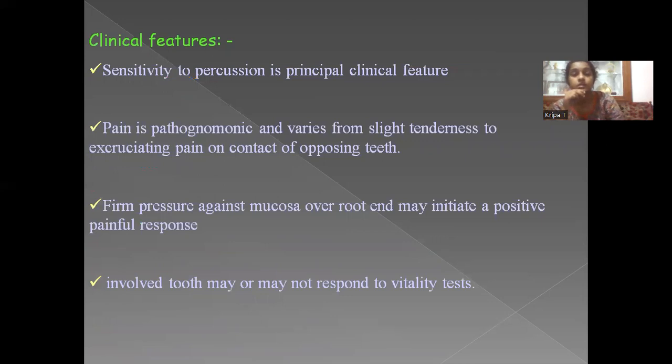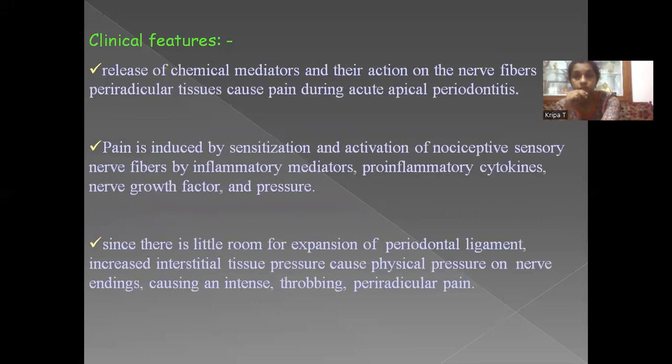Clinically, there is pain on percussion, slight tenderness, and when you give firm pressure against the mucosa over the root, there is a positive response. It may or may not respond to vitality tests. The release of chemical mediators and their action on nerve fibers and periradicular tissue causes pain in this situation, and pain is induced by sensitization and activation of nociceptive sensory nerve fibers by the inflammatory mediators.